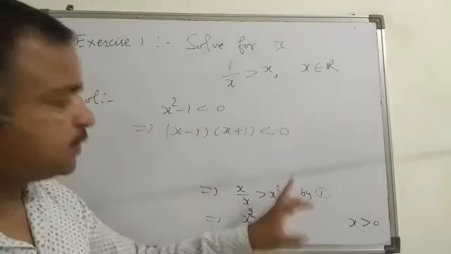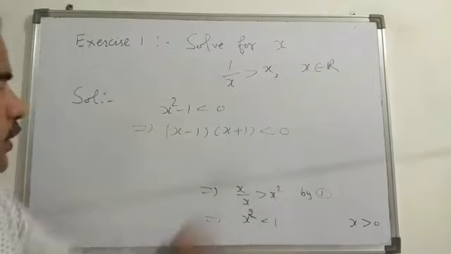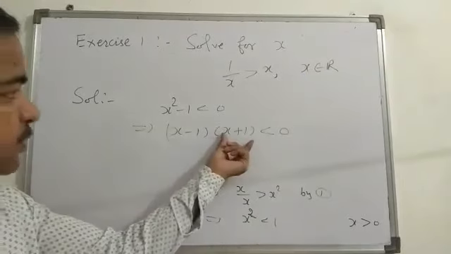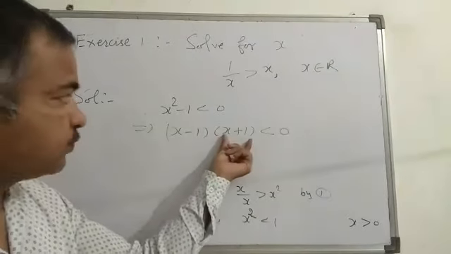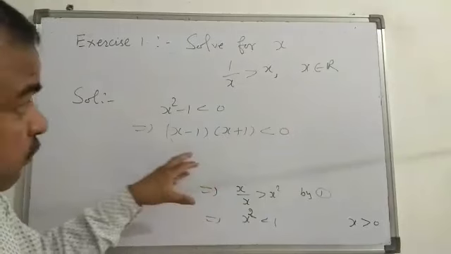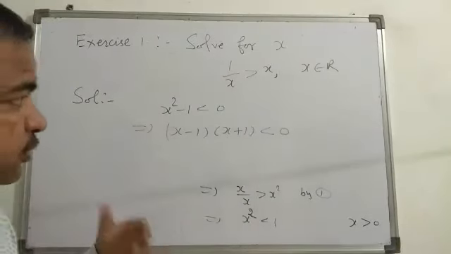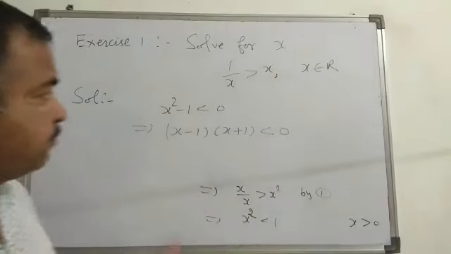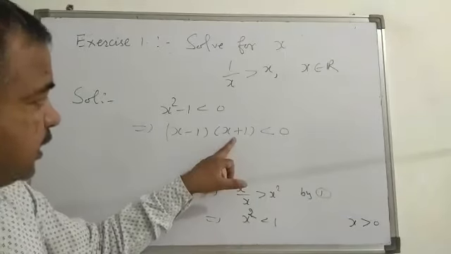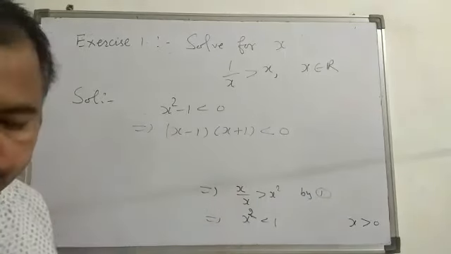Because x is greater than 0, we have taken by inequality 1 x is greater than 0, it means this x plus 1 is greater than 0. The product of two real numbers is negative, it means one is positive and the other is negative, but this is positive, it implies this must be negative.